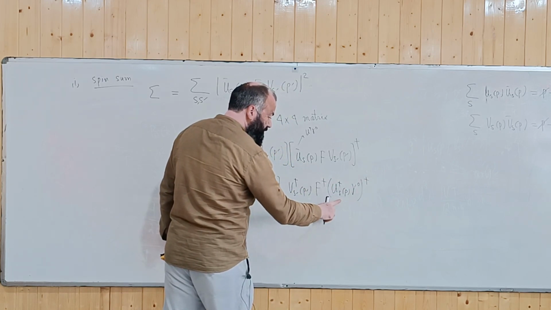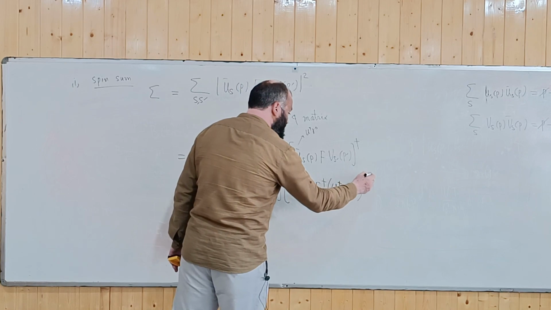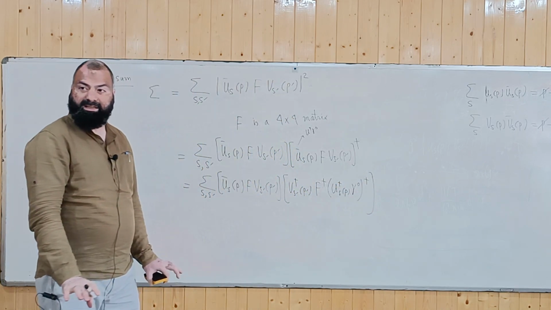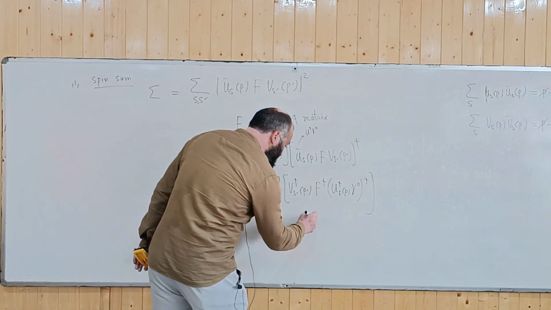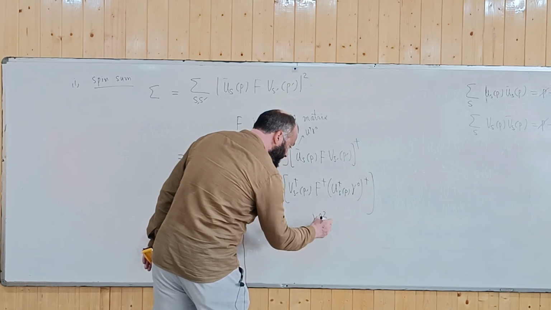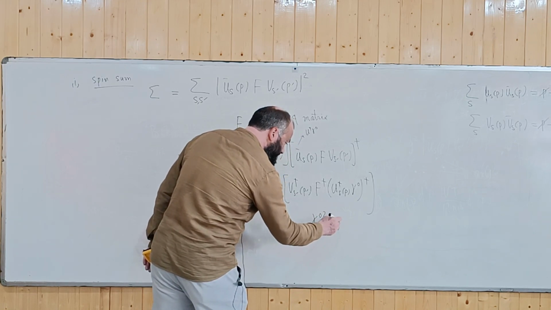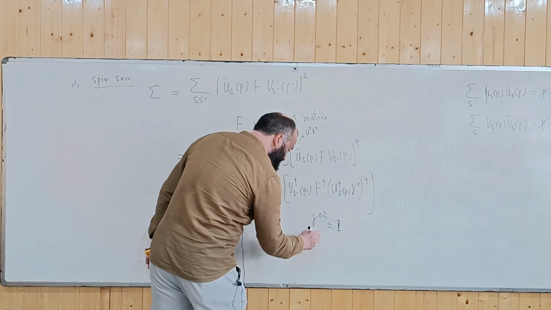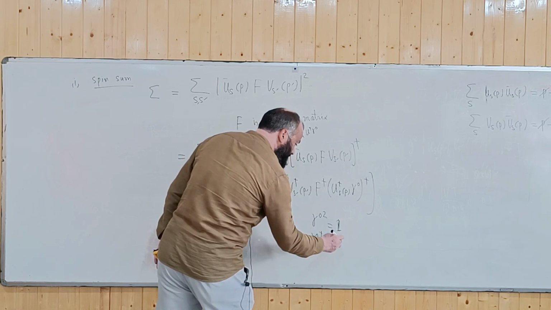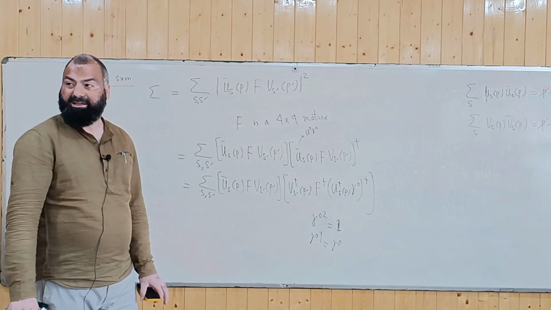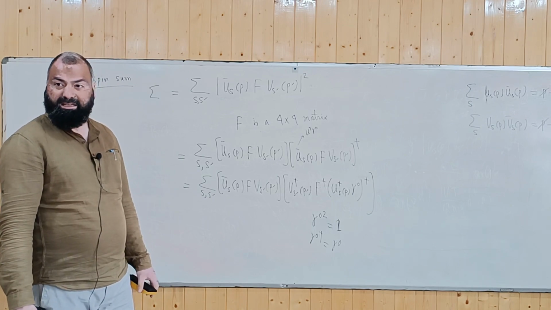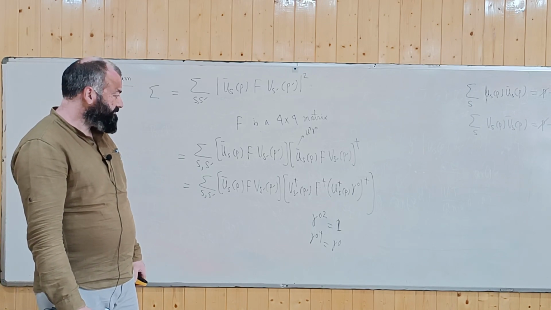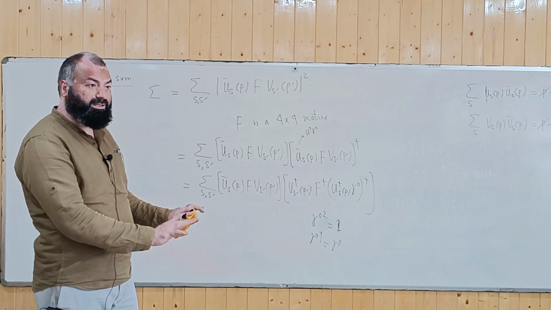This ubar is just for your purpose, I have put this thing. These are the identities: gamma naught squared is equal to identity, and gamma 0 dagger is equal to gamma 0. Gamma 0 is always Hermitian, but the other gamma i's are anti-Hermitian. Everybody followed till this point?